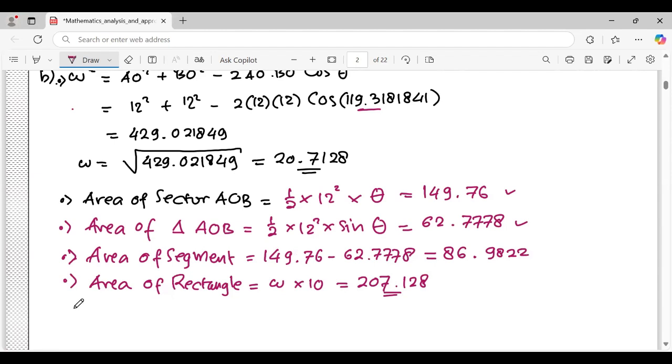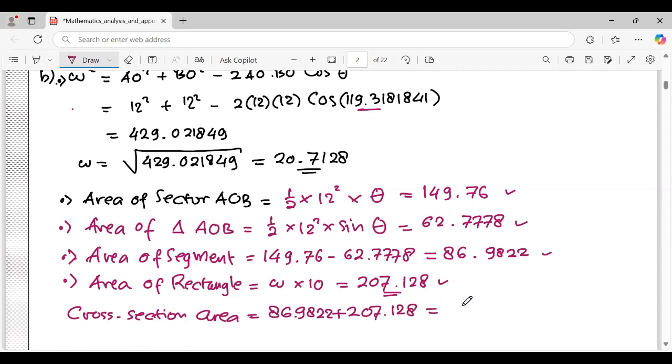So cross-section area equals this area plus this area, 86.9822 plus 207.128.